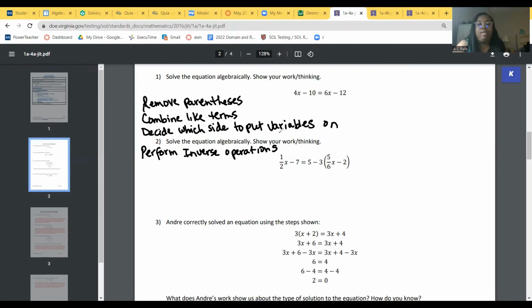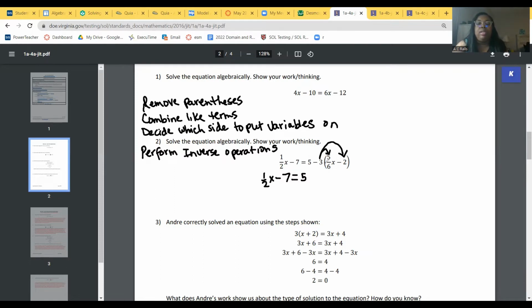So, all right, we're going to take time to solve this. There's nothing to do on this side, so I'm just going to write it down again. 1/2 x minus 7 is equal to, there's nothing to do with the 5 yet. So I'm going to go ahead and distribute the -3 to this one and the -3 to this one. We want to distribute a -3. I know it says minus, but we're going to treat it like a -3 so that we can do everything in one fell swoop.